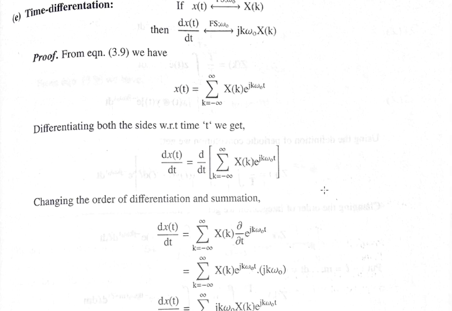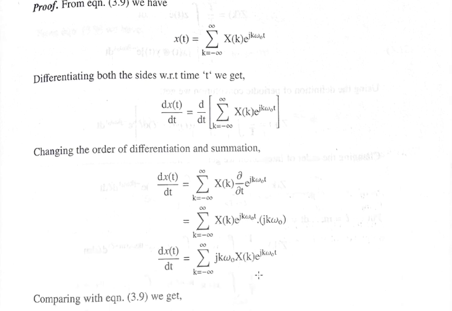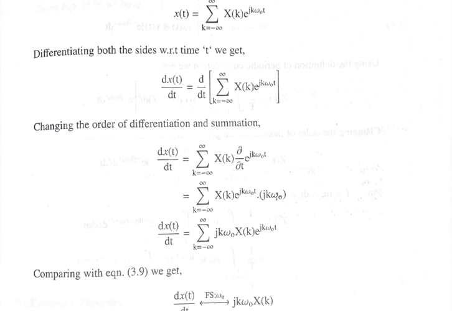So the differentiation of e raised to j k omega naught t gives j k omega naught times e raised to j k omega naught t. So this term is j k omega naught x of k e raised to j k omega naught t.